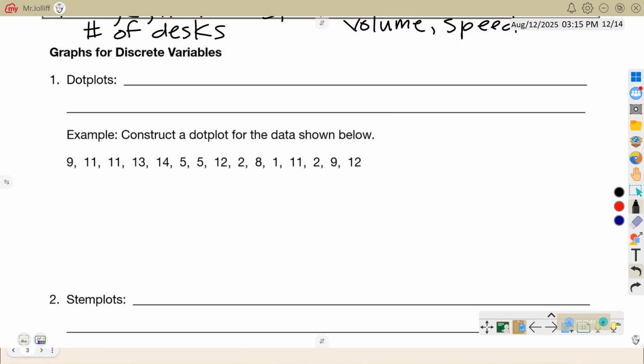So first step, we're going to draw a number line. Horizontal line, hash marks that are evenly spaced. We know how to do that. And then we're going to make a dot above the line for each data value.